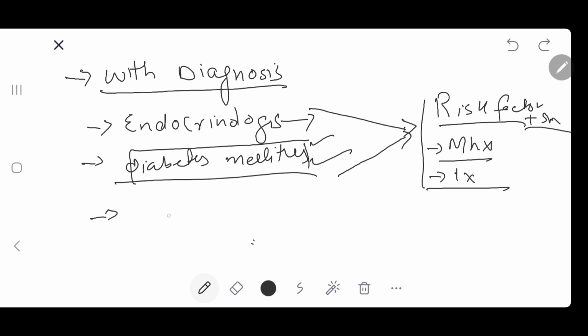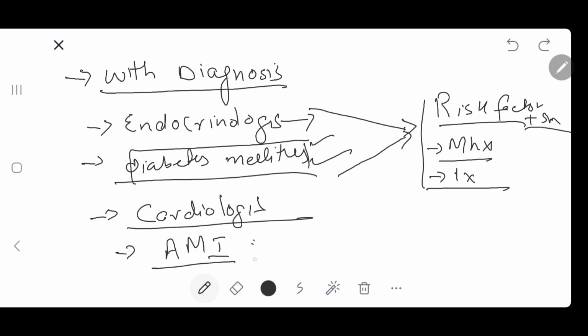Similarly, in this case, if we are writing this letter and we are suspecting AMI, besides the fact it would be an emergency referral, we still have some confirmed diagnosis given, acute myocardial infarction.